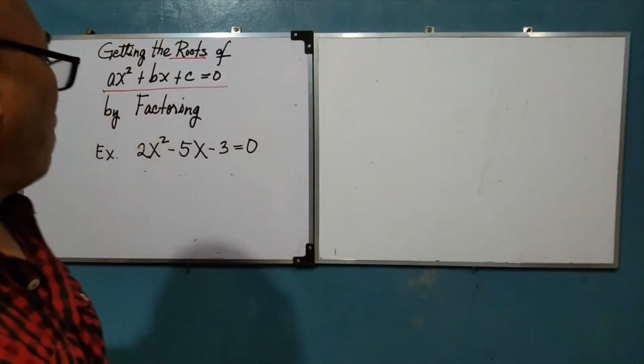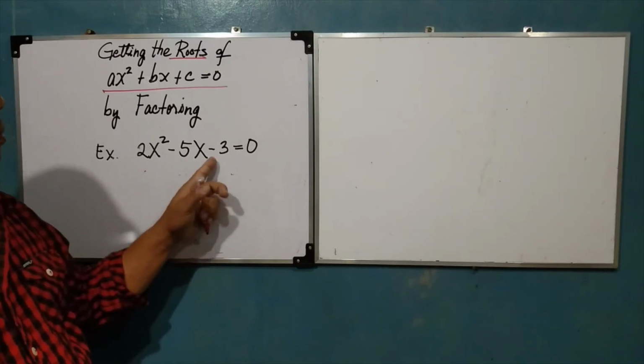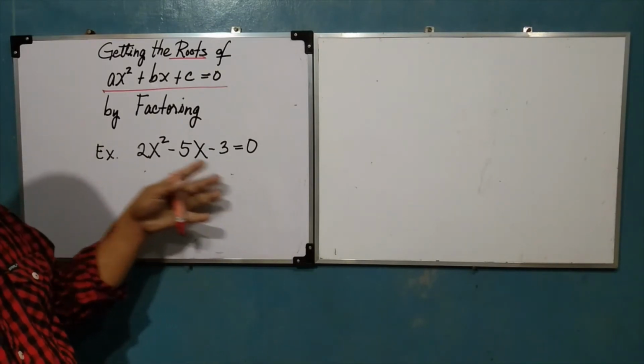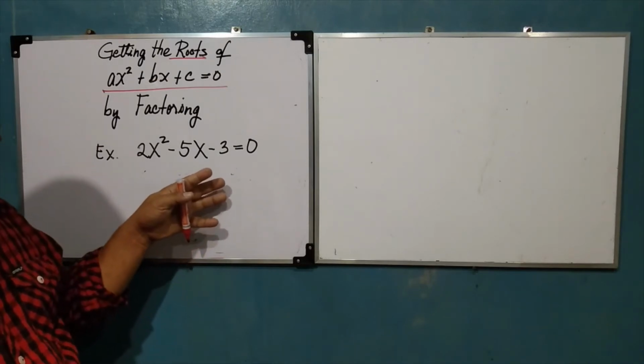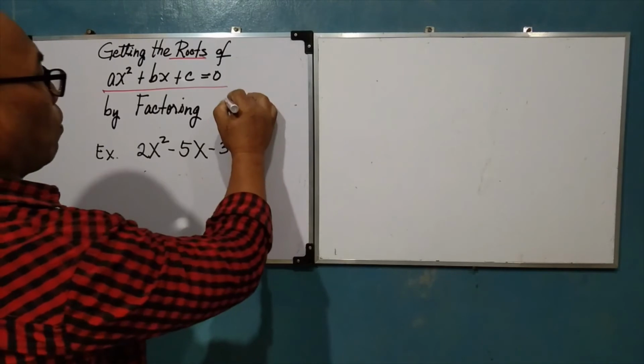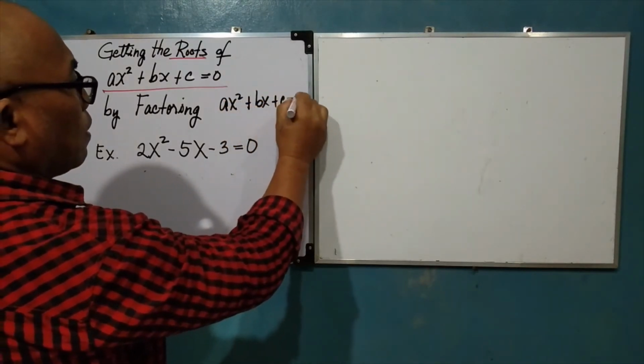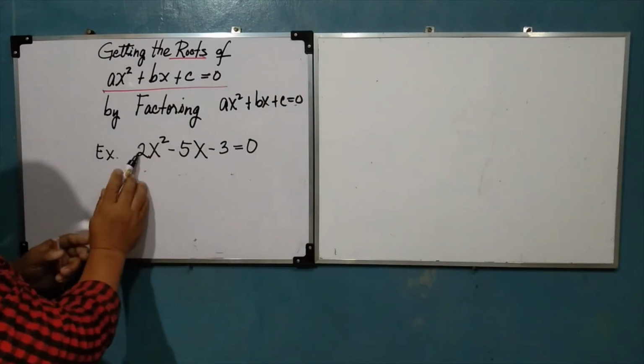For the next example, we have 2x squared minus 5x minus 3 equals 0. This is different from the first example because our a value in the quadratic equation ax squared plus bx plus c equals 0 is 2.